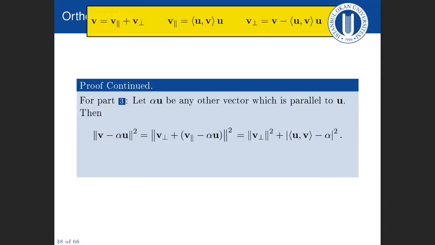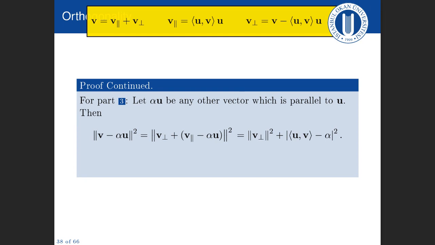We use Pythagoras. That's the norm of v perpendicular squared plus the norm of v parallel minus alpha u squared, but because u is a unit vector, we can just remove the u and have the absolute value of the inner product of u and v minus alpha, squared.